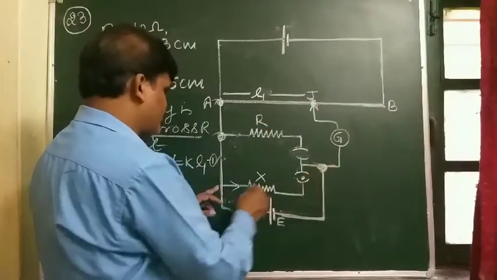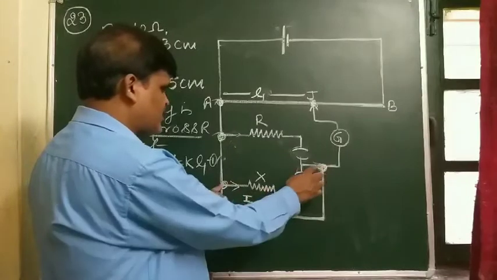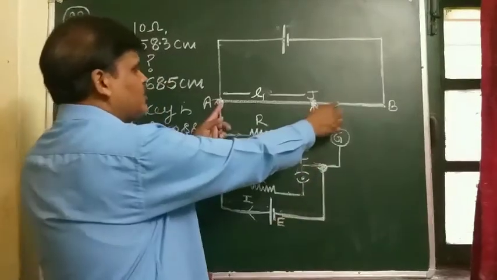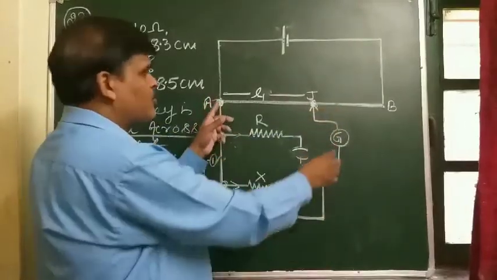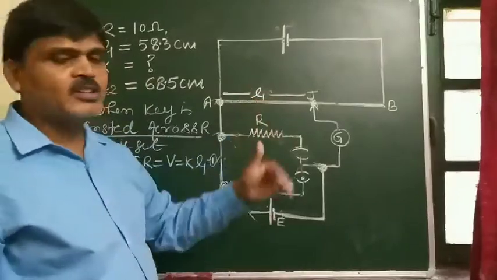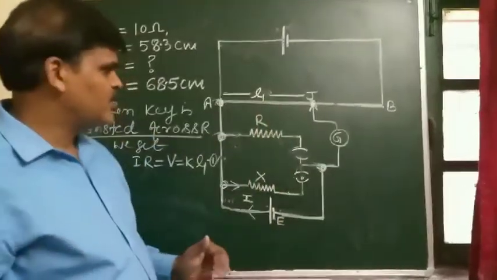Terminal potential difference across this resistance is equal to the potential drop across the potentiometer wire in the new location, that is at the L2 position.